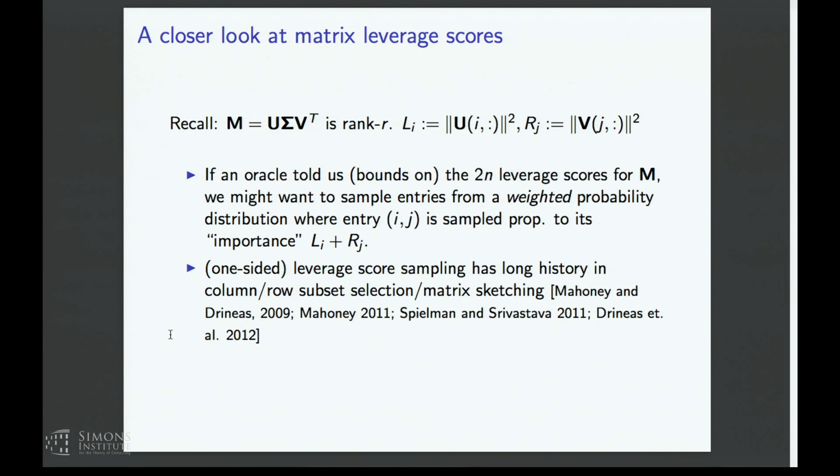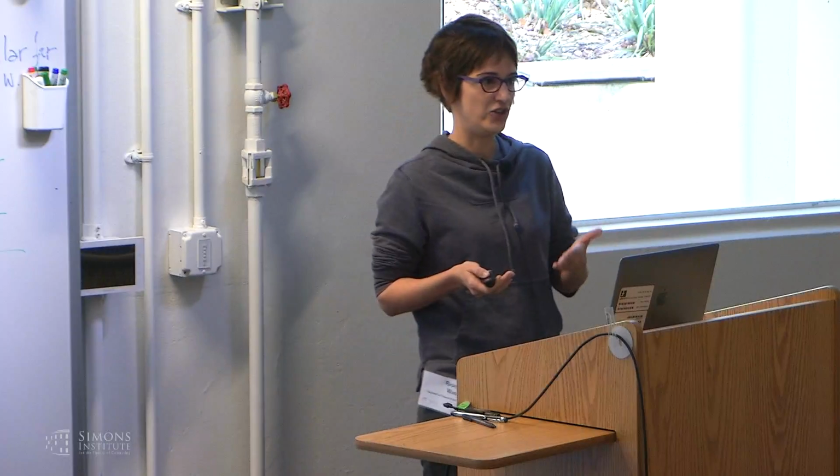Okay, so there's clearly a relationship between the model of sampling entries of the matrix IID uniformly and requiring some structural assumption like uniformly flat leverage scores. So more generally, what relationship can we say between the leverage scores of a low-rank matrix and an optimal sampling strategy?